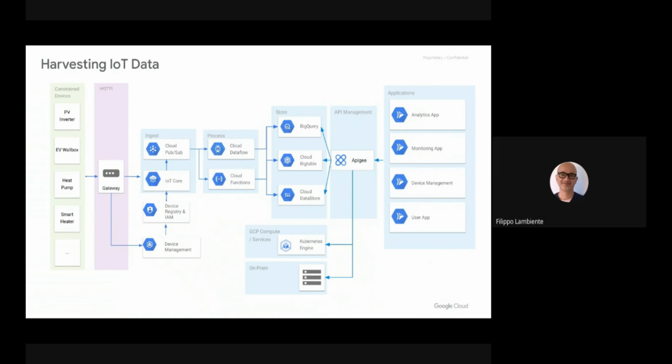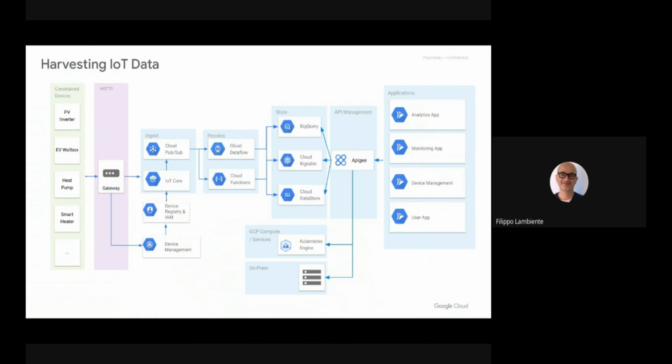Then I'm able to expose this information via an API exposed by Apigee. Apigee retrieves the information stored in a storage like BigQuery or Bigtable, and provides it to the energy management system of the building owner in order to have control of how the consumption and the trend are going.